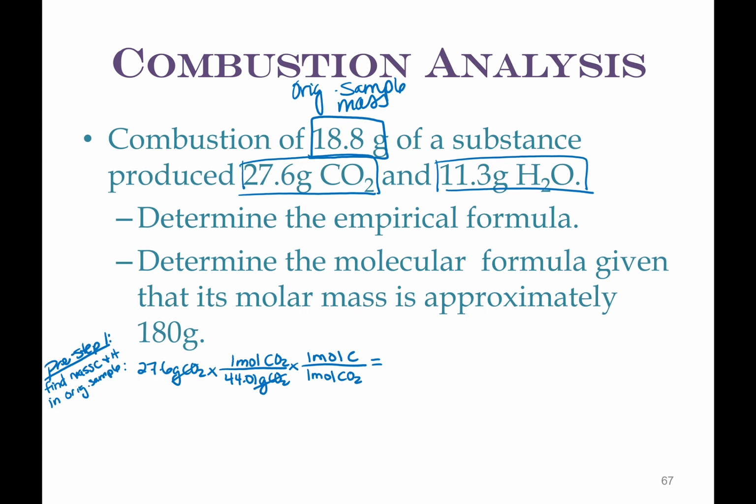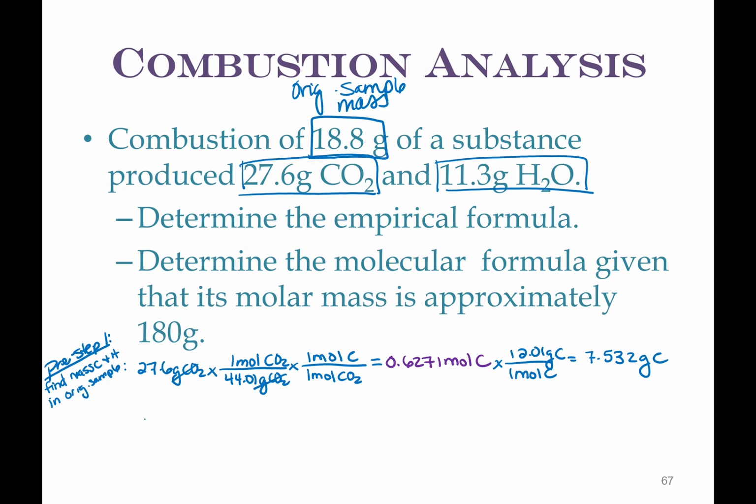So 27.6 divided by 44.01 times 1 divided by 1 is 0.6271 moles of carbon. If you remember, step 1 before was find moles, so you might know where I'm headed. For each 1 mole of carbon, we have a mass of 12.01 grams of carbon. So we multiply that by 12.01, and we get 7.532 grams of carbon that were in the original sample mass.